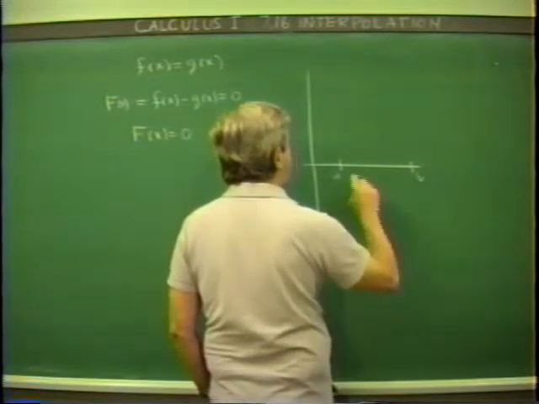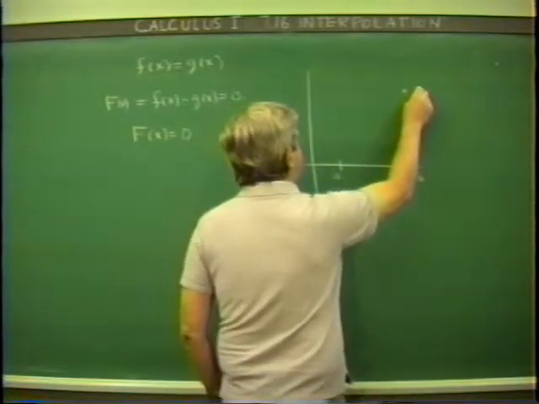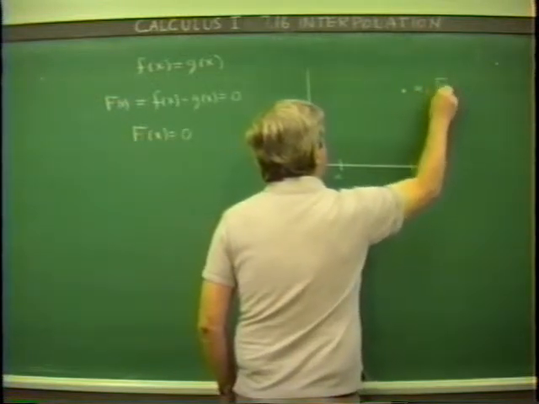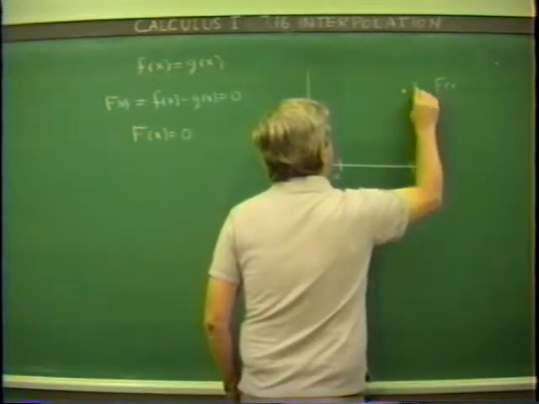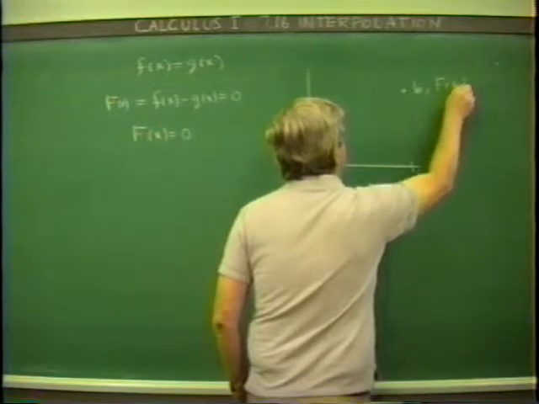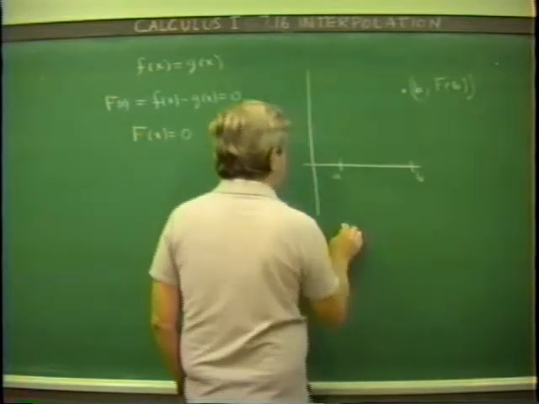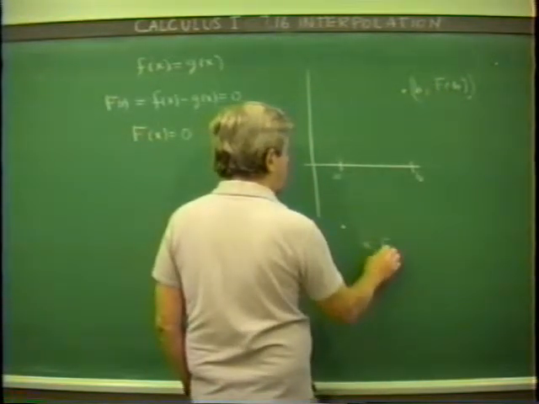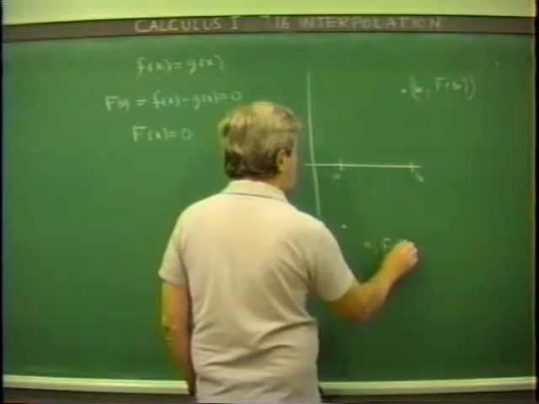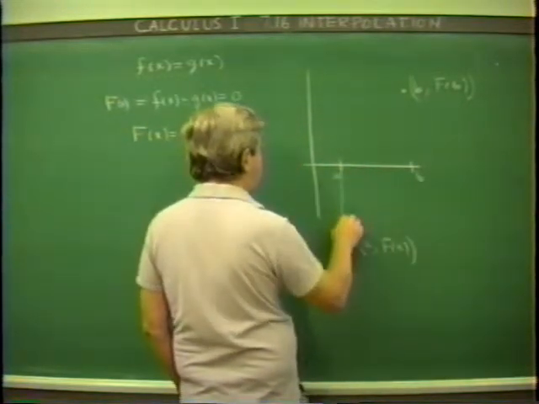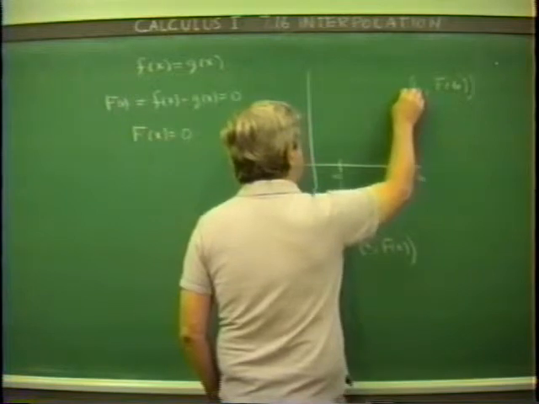Now, the situation that frequently occurs here is that we've got the 0 trapped between the two numbers a and b. So if this is a, this is b, f of b, the point b, f of b, and this is a, f of a.